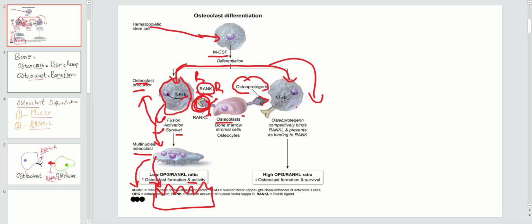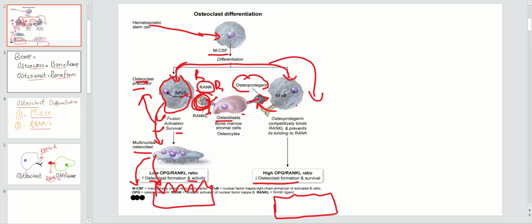It binds with the RANK ligand and it won't let the receptor bind with it. So what would happen? There will be no fusion, there will be no activation, there will be no survival of this osteoclast. So what will happen? Decreased osteoclast formation and survival, that leads to your bone formation, right?